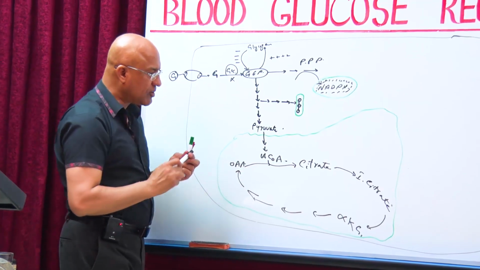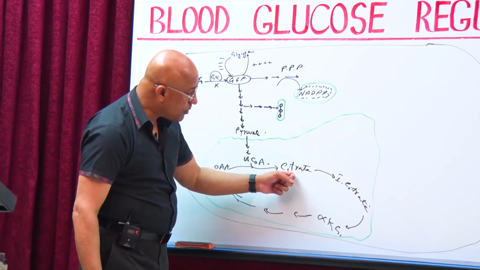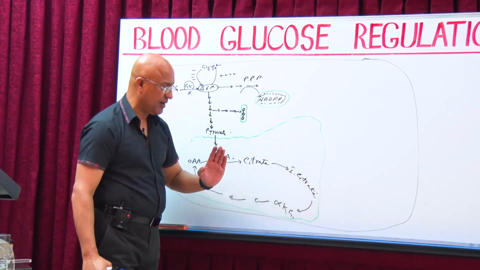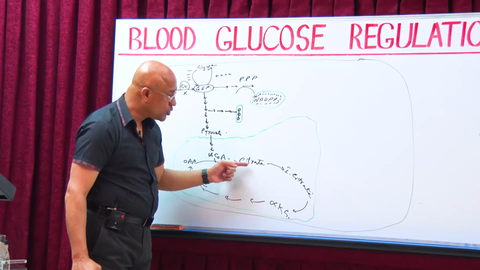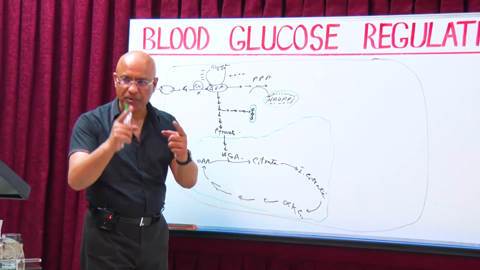But let's take a break for 10 minutes, and then I will tell you that from this citrate, yes, we have to stop this cycle and use this citrate to make the fatty acids. How do we do that? After the break.